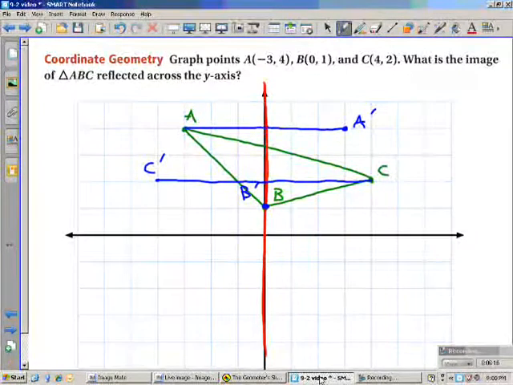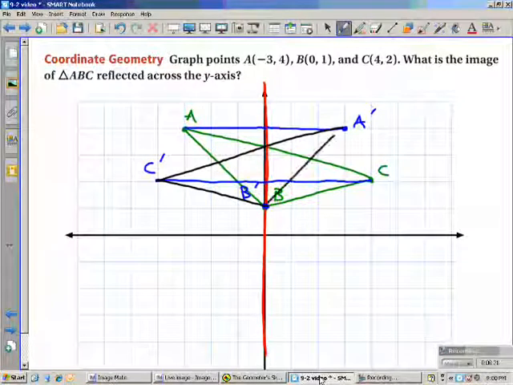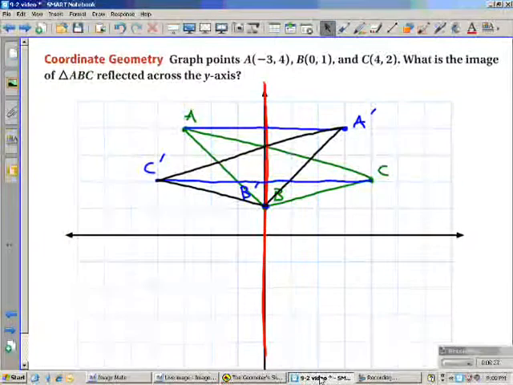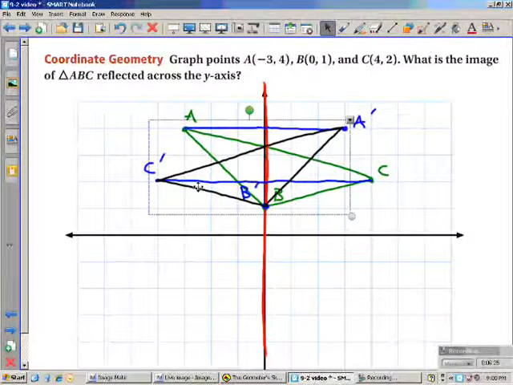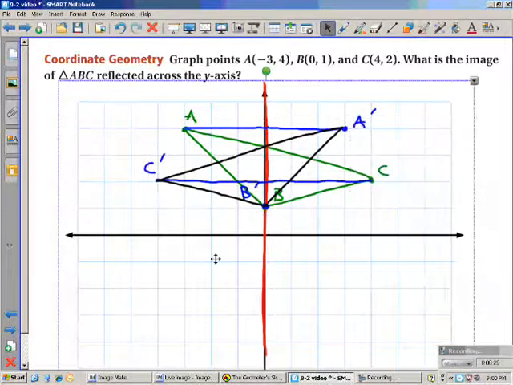Anyway, the black triangle, triangle A prime, B prime, C prime, is the reflection of triangle ABC. I know it looks a little crazy because I have the other lines in there, but hopefully you get the idea.